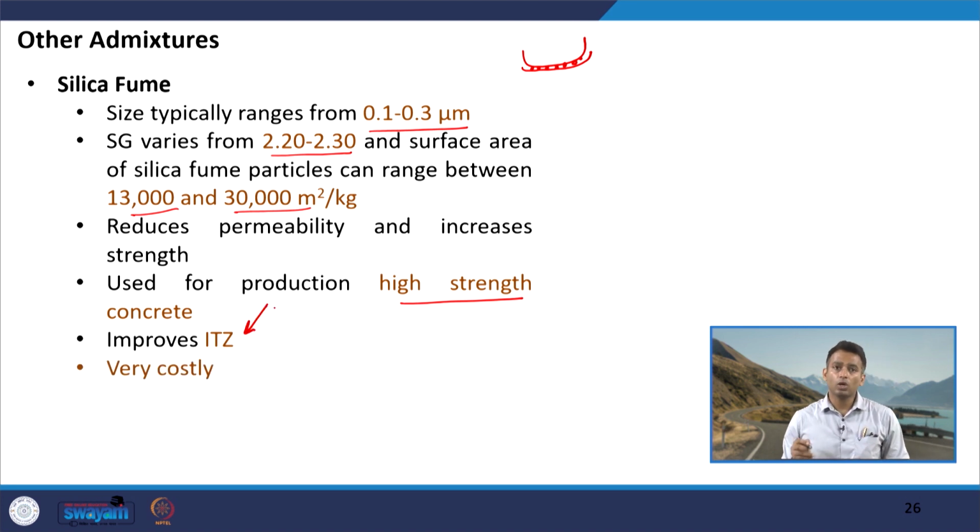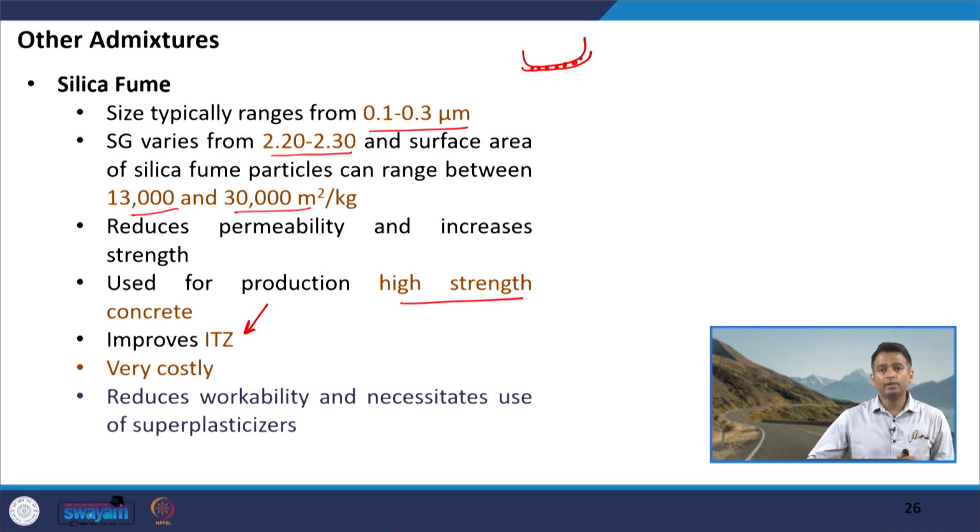However, the cost of silica fume is very high, because the process of synthesizing silica fume itself is costly, and therefore, the unit cost of silica fume is very high in comparison to the cement or any other pozzolanic material.